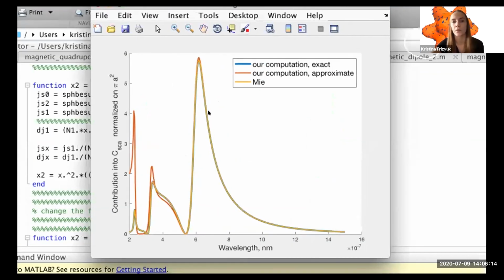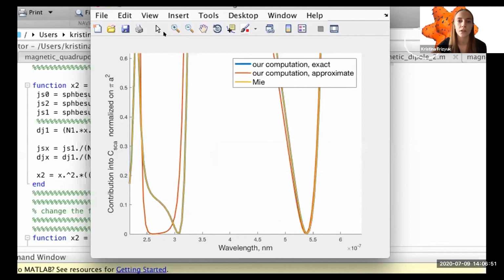So this is the same as the Mie coefficient before the electric dipole. And you see that our exact computation coincides with the scattering coefficient we obtain from Mie theory. And for the approximate integration, you see a big difference for smaller wavelengths. And we are interested actually in the anapole. And maybe you have already heard, or maybe not, that the anapole is just a zero of the Mie coefficient in the scattered wave. So where is the anapole?